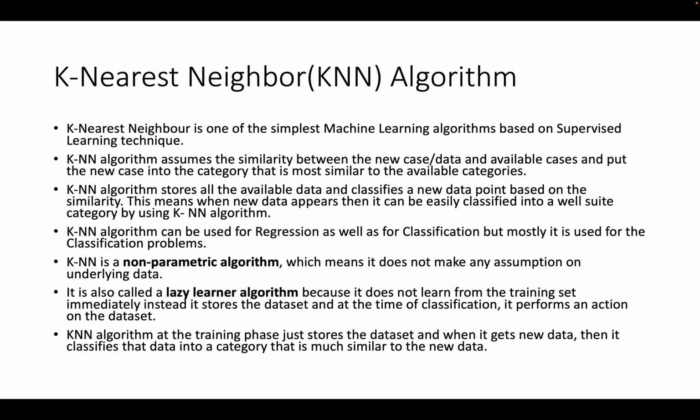KNN algorithm at the training phase just stores the data set, and when it gets the new data, then it classifies the data into categories that are much similar to the new data. So there's no pre-training happening. All of it happens when the new data is provided for it to work upon, और तभी वो decision सब लेता है और तभी वो classify करता है.